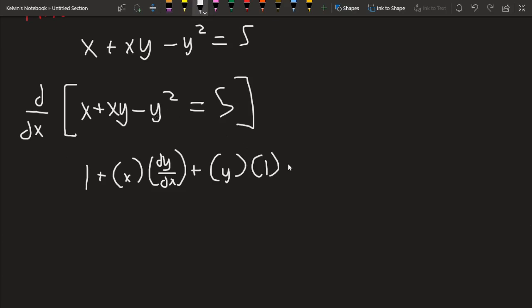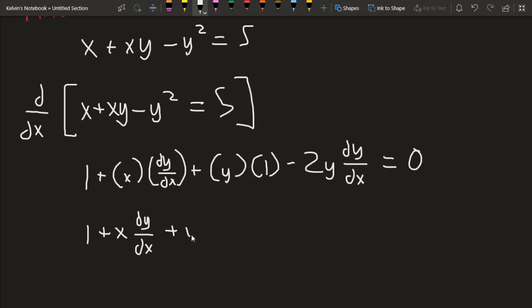And then minus, so then this is equal to 2y dy dx, derivative of y, and then 5 is just 0. So let's simplify all this here. 1 plus x dy dx plus y minus 2y dy dx equals 0.